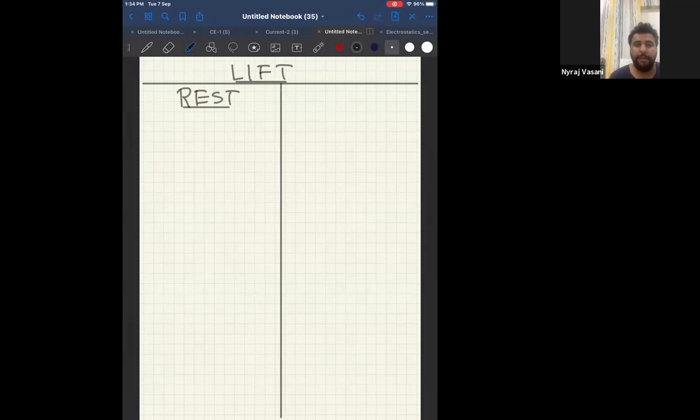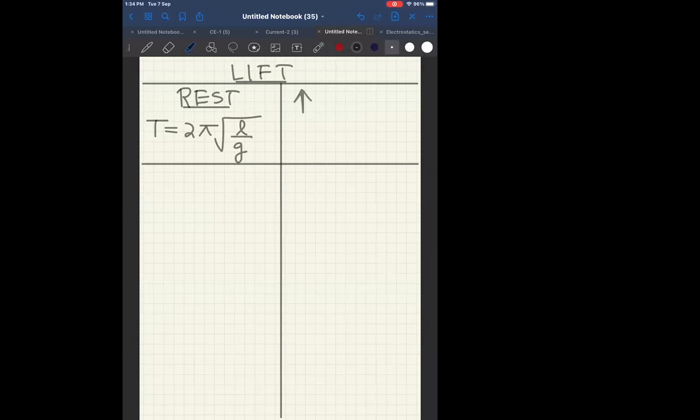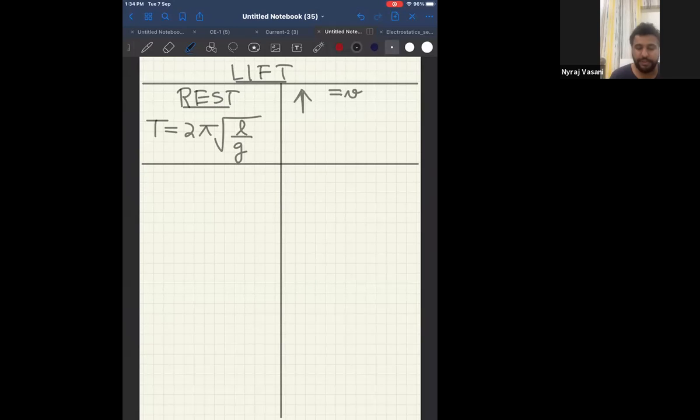Now, look at the screen, then you do the summary. If the pendulum is at rest within the lift, can I say the time period will not change? Everyone understood this? Now, if it is moving upwards with constant velocity, what will be the time period? Same, unchanged, because of constant velocity. Now, if the lift is going downwards with constant velocity, what will be the formula?